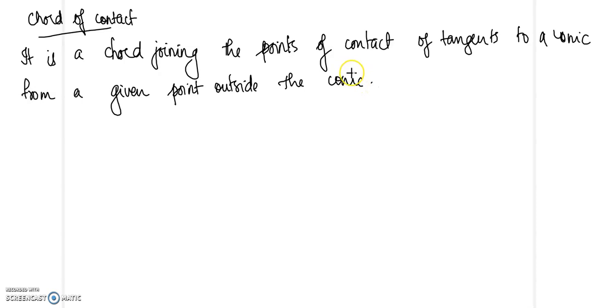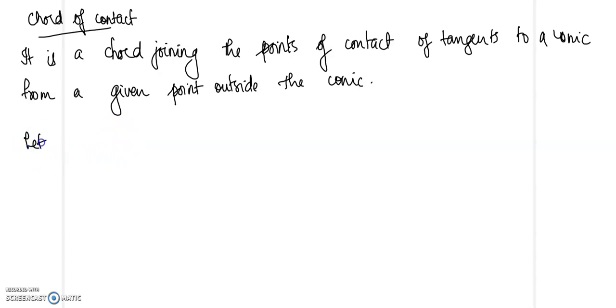So let us look at what will be the equation of the chord of contact. First let us consider the equation of the conic and let us take a point which is not lying on the conic from which the tangents are drawn.